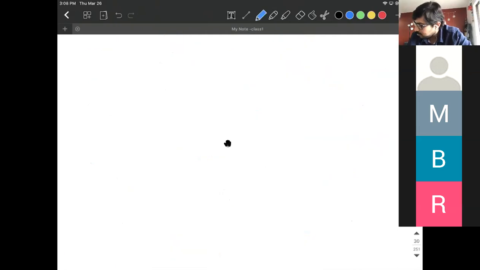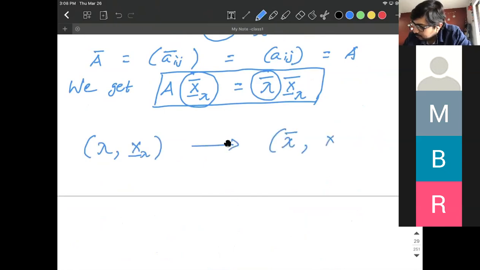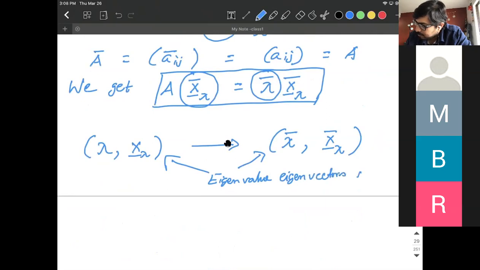A good way to remember it is the following notation: you have lambda, x lambda, then lambda bar, x lambda bar. Both are eigenvalue-eigenvector pairs for A.